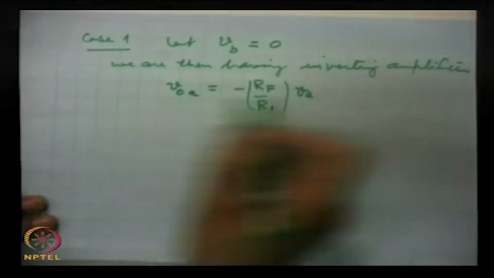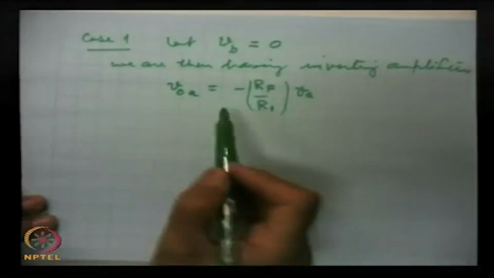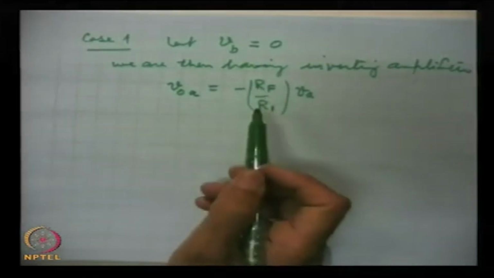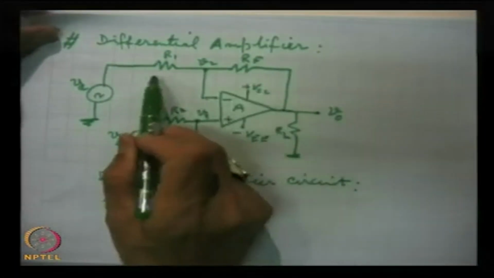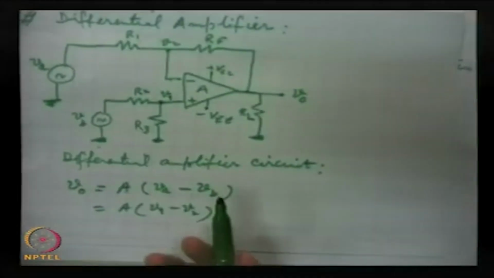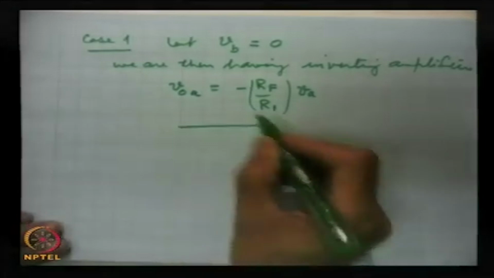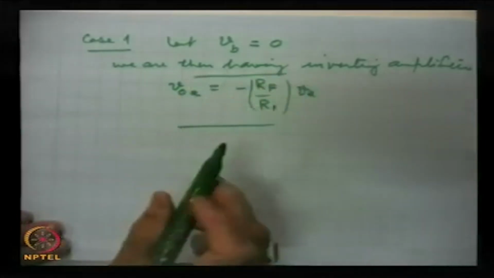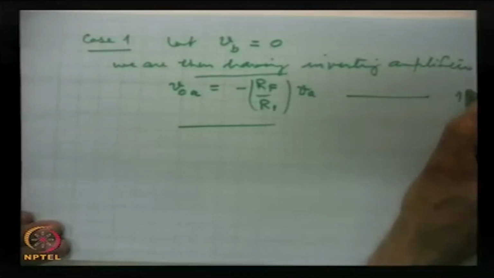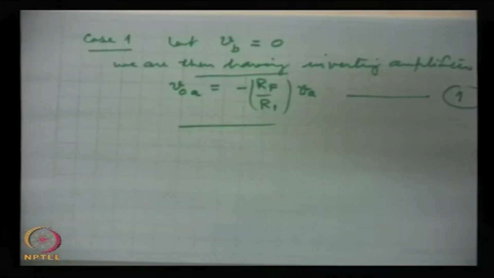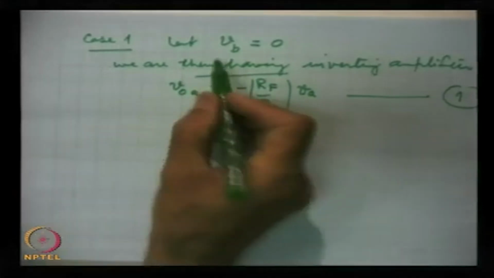Gain is VOA by VA, which is equal to the ratio of these two resistances, RF by R1, and this is the gain for an inverting amplifier. So this is because of the first signal source VA active and VB grounded.